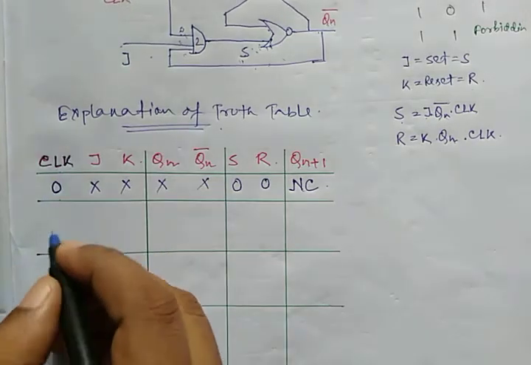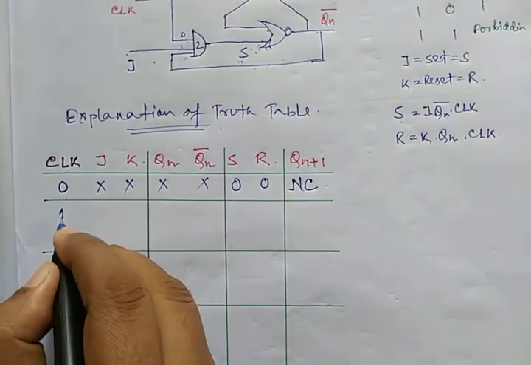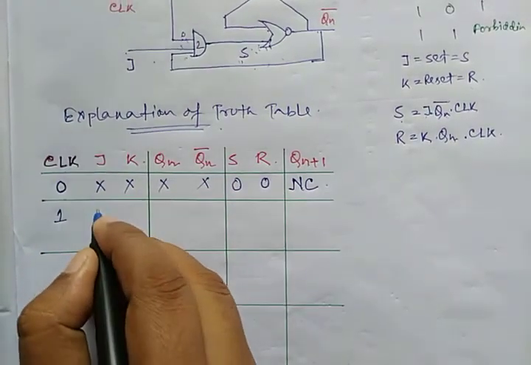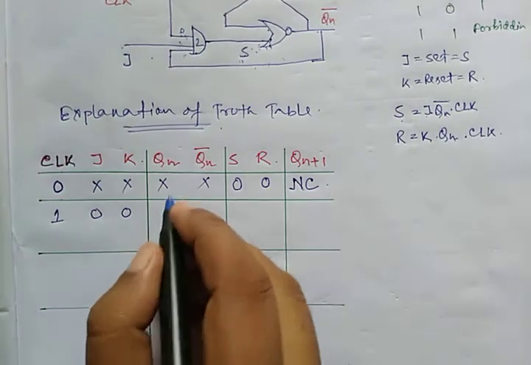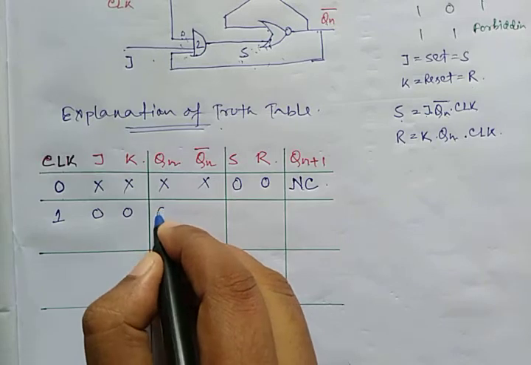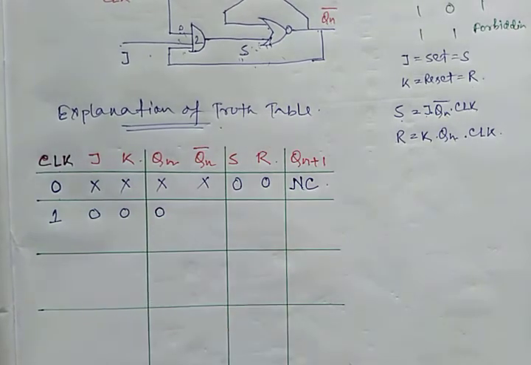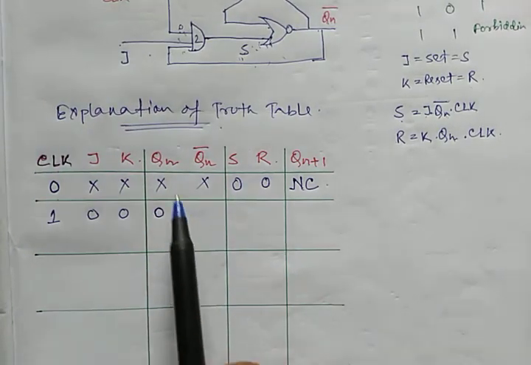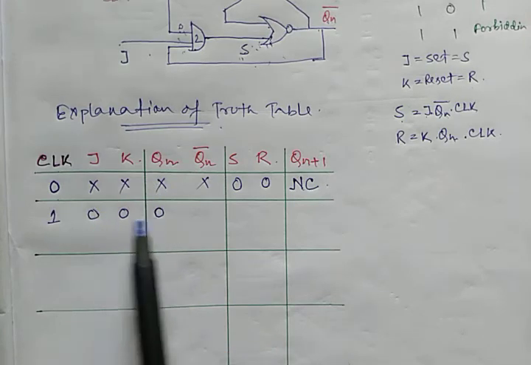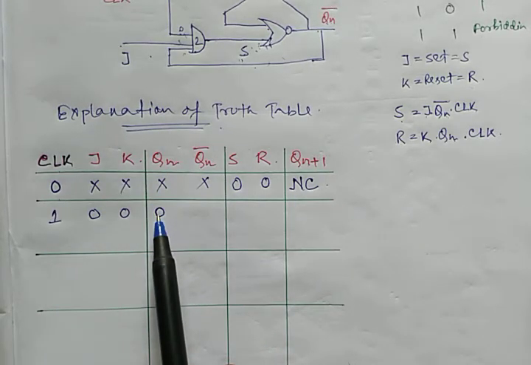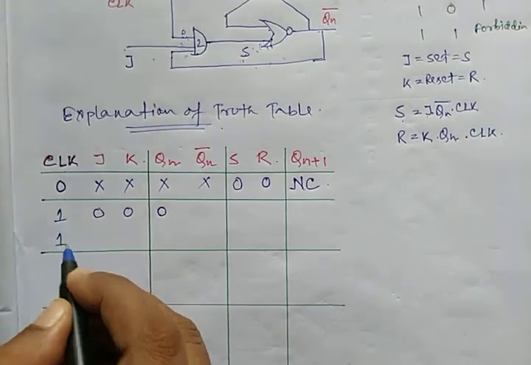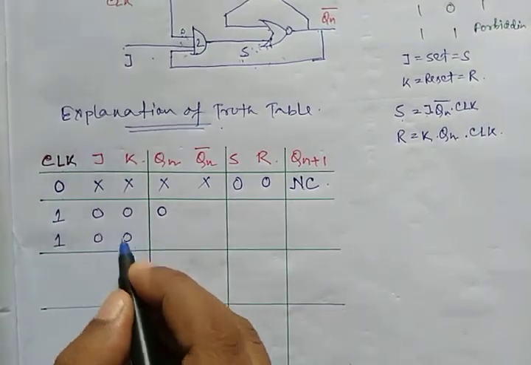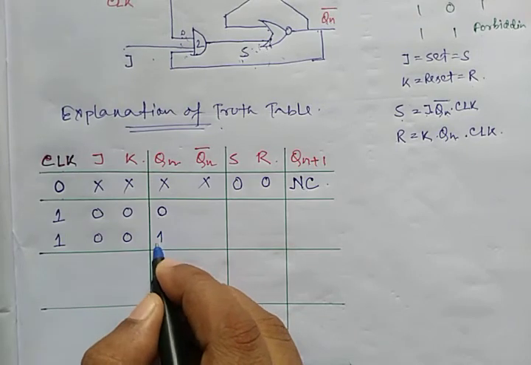Now for the second condition, when clock is 1 and J value is 0, we have to check both conditions. That is, Qn is 0, and when clock is 1, J is 0, Qn value is 1.